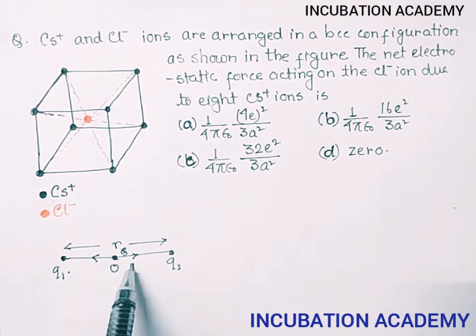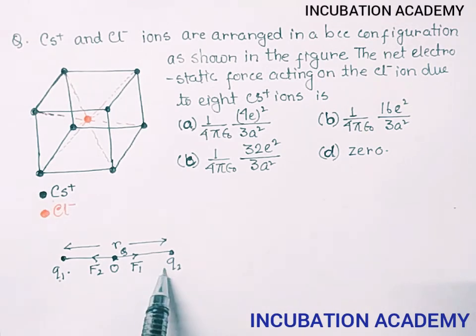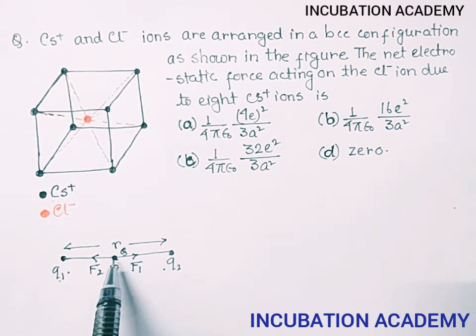So this is F1 and this is F2. Since it is the midpoint, if q1 and q2 are equal, then the forces on Q are equal and opposite, and they just cancel out. The resultant is 0.